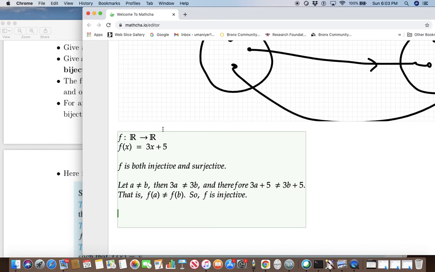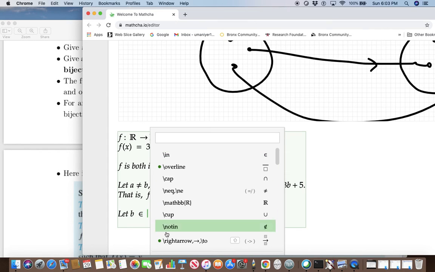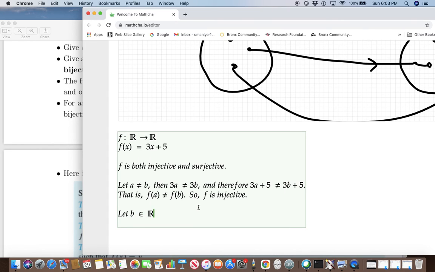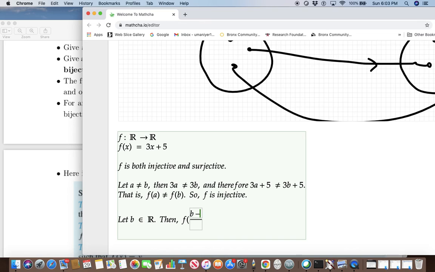Take any number b on the right hand side. Then let's see, f of (b minus 5) over 3. Let's see what it does. It's going to take my input, multiply by 3, add 5. So it's going to be 3 times (b minus 5) over 3, plus 5.